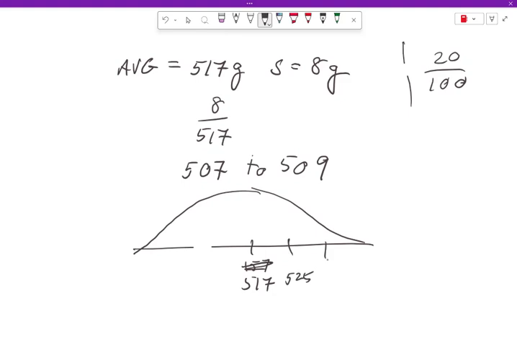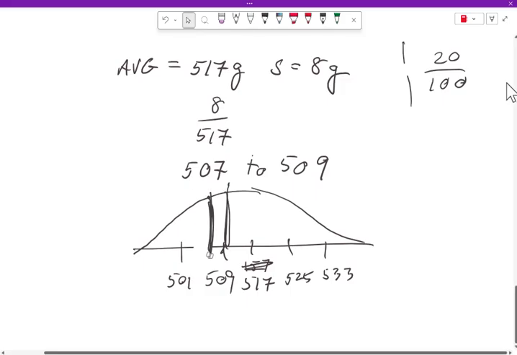Up another 8 is 533. Down minus 8, 509. And down again is 501. So I want this range right here, 507 to 509. I have to do it in two pieces.